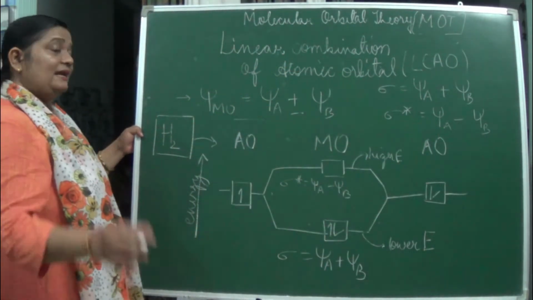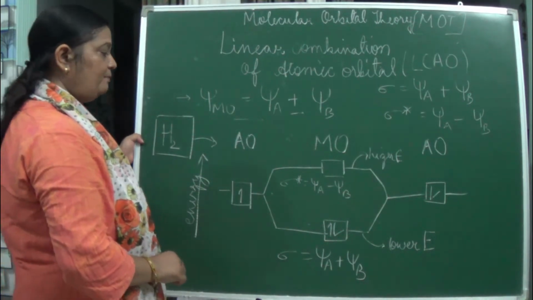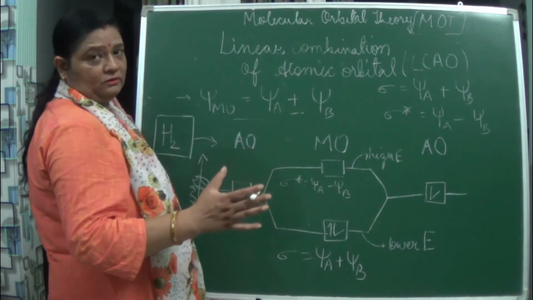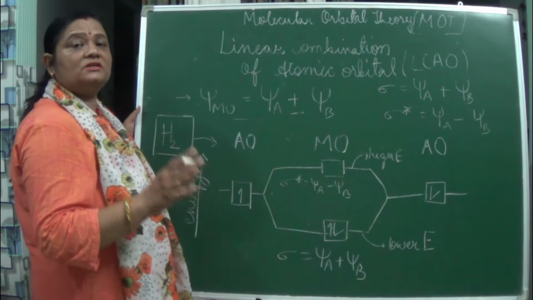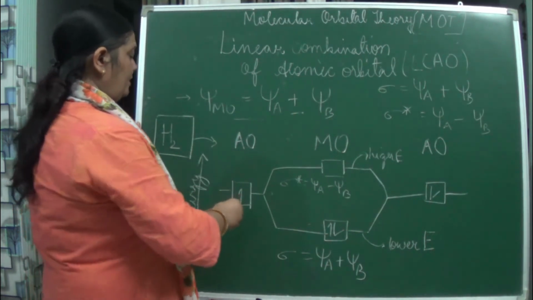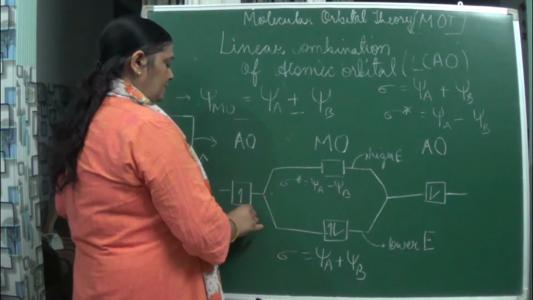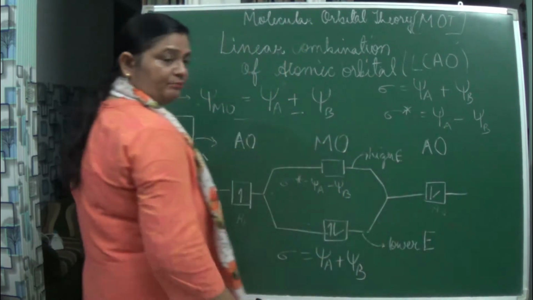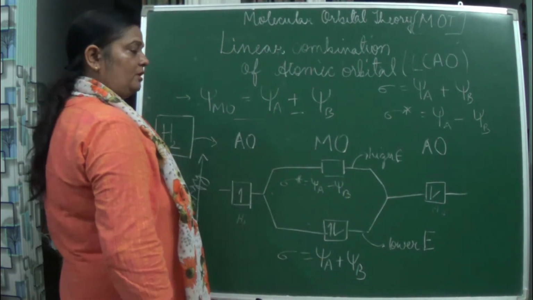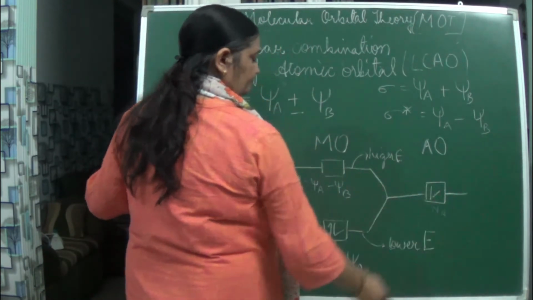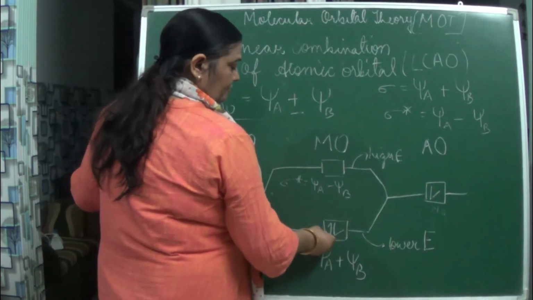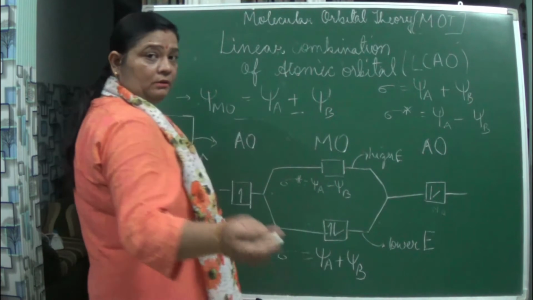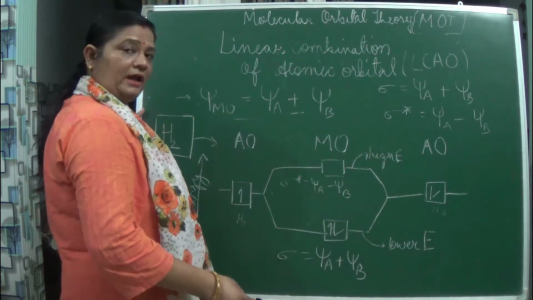Now, let us see it with the help of an example. We will take the example of hydrogen making a molecular orbital. You all know that hydrogen consists of one electron, isn't it? So one hydrogen over here, we can name it A, and here one hydrogen is B. One electron from here, one electron from here, they will pair up first in the bonding orbital, following all the above principles, Pauli exclusion principle and Hund's rule.